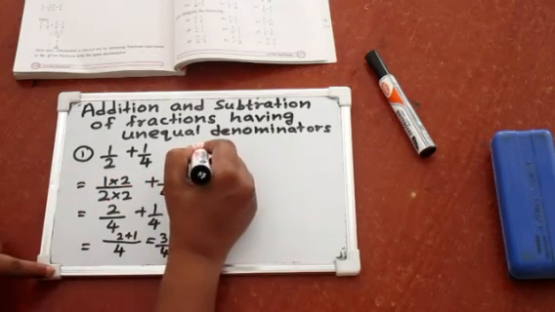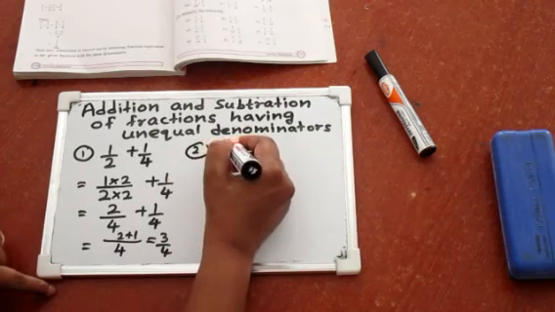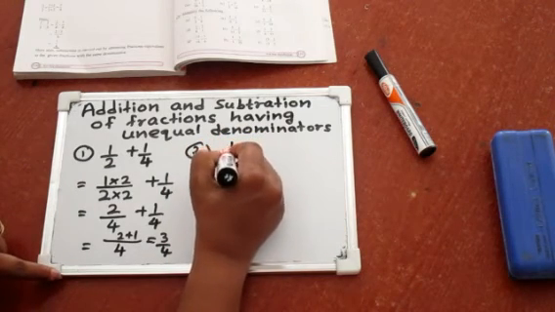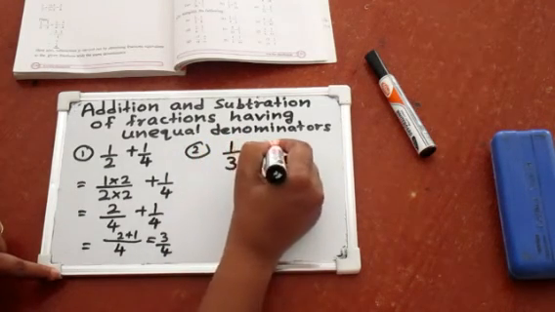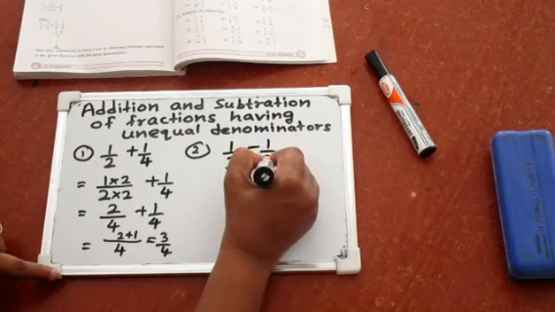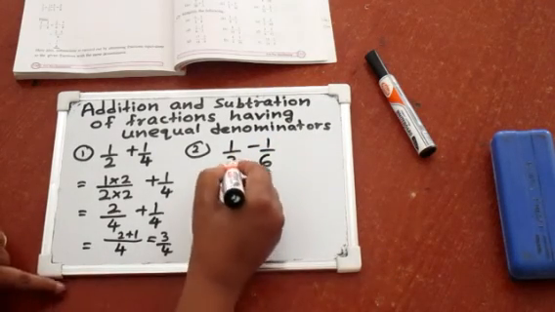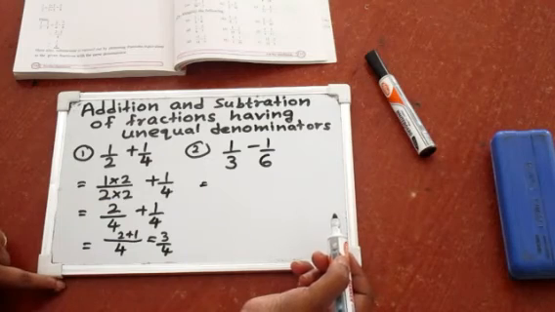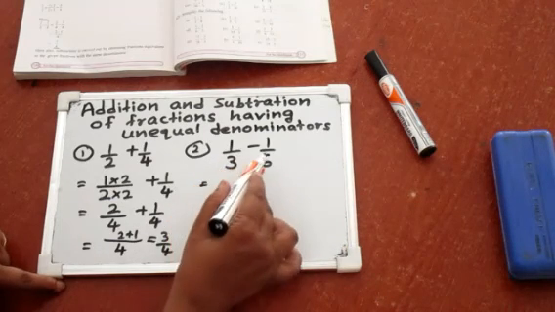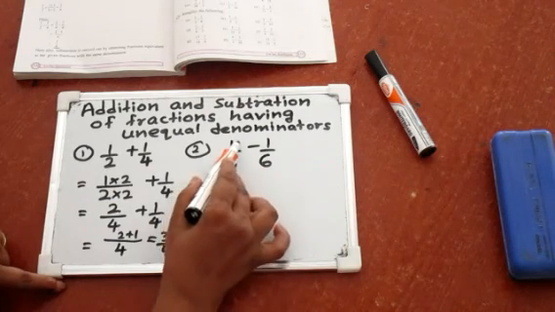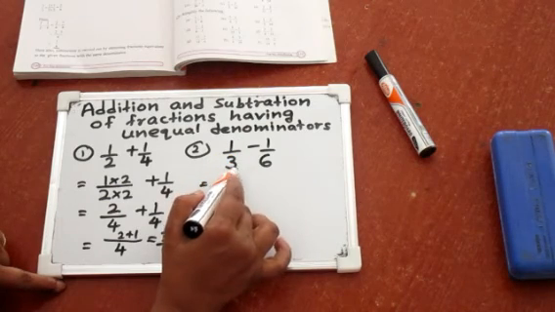Now see this second example. This one is 1 over 3 minus 1 over 6. Now these denominators are not equal, so make 3 as 6. Multiply both numerator and denominator of this fraction by 2.